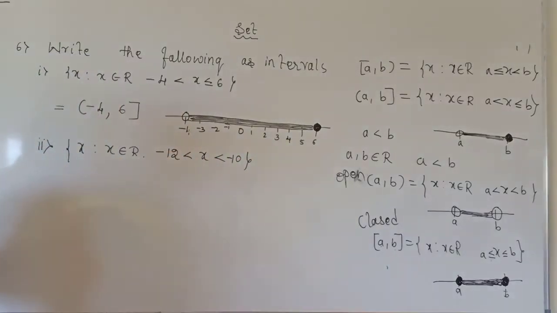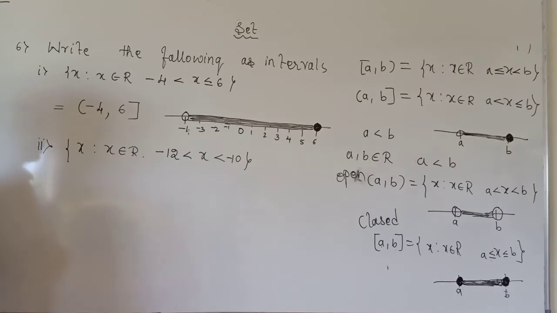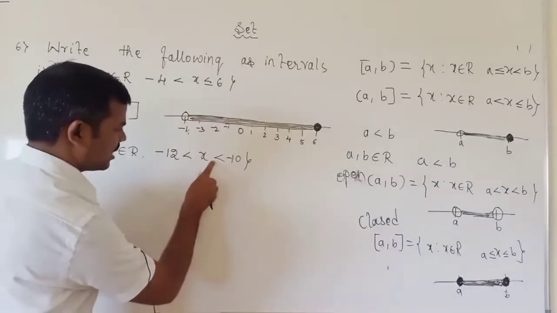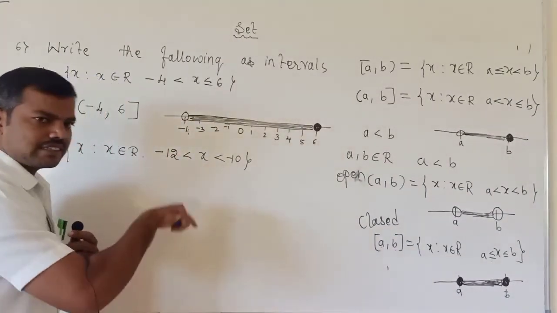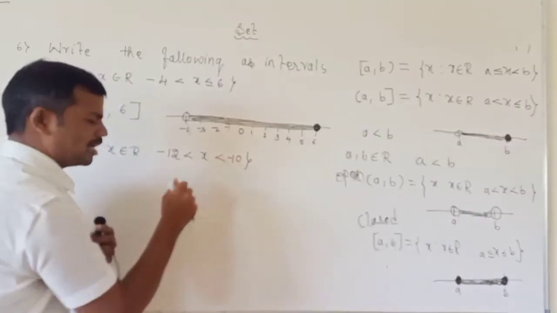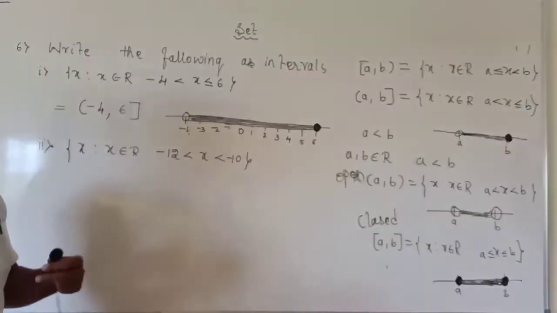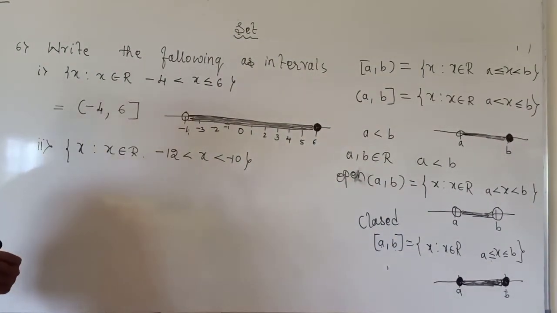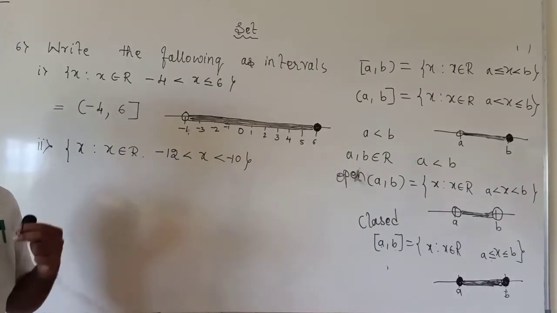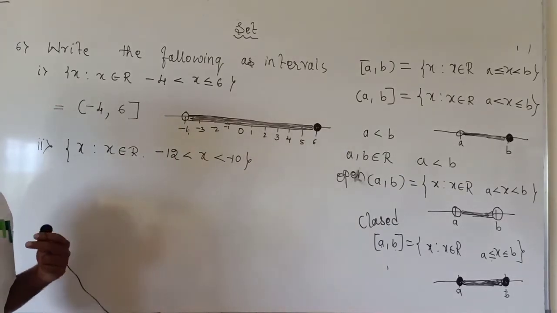So both are not included here. If equality is there, the equal sign is there, it is included. If the equal symbol is not there, it is excluded, not included. So which type of interval is it? We can easily identify here, open interval.